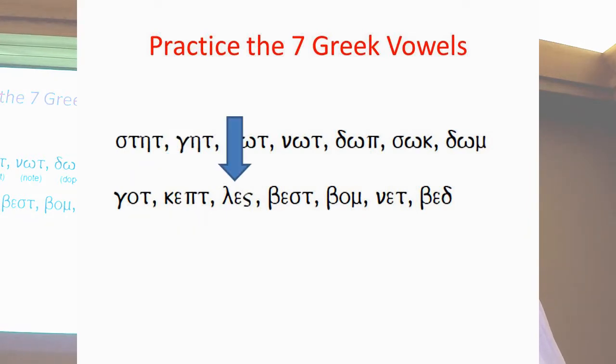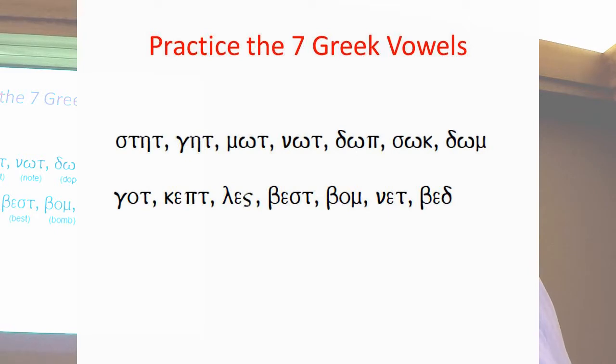Lambda, epsilon. Okay, see, it's the last letter of the word, so it changes the form of the S, the sigma. So it would be less. Theta, epsilon, sigma, tau. Best. Beta, omicron, mu.